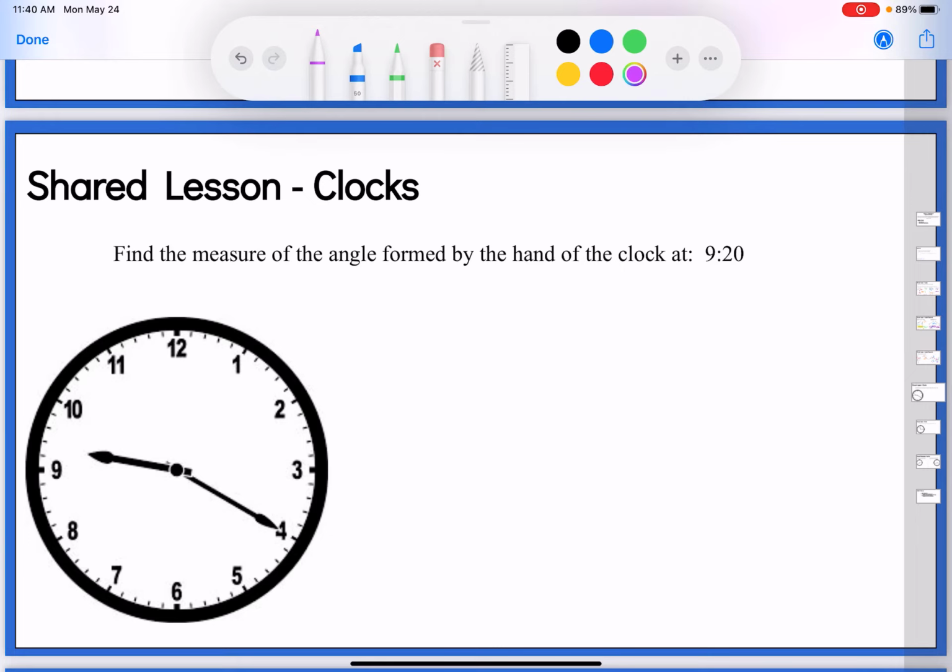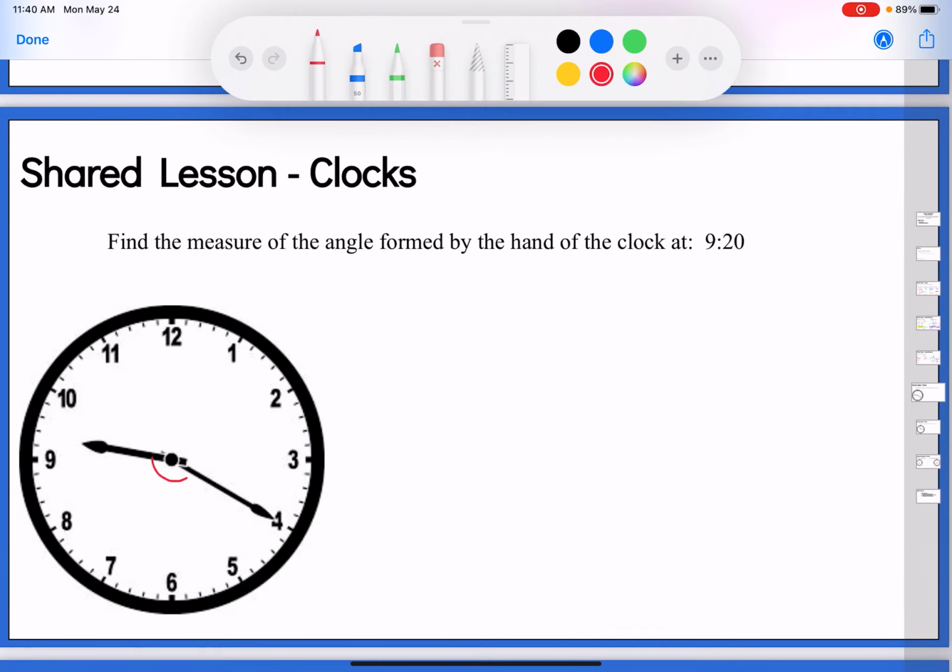So here it says that it is 9:20, and you can see on the clock 9:20, and I want to figure out the angle formed by the hands of the clock. Now remember, we only think of angles that are less than 180 degrees. So we're always talking about this smaller angle.